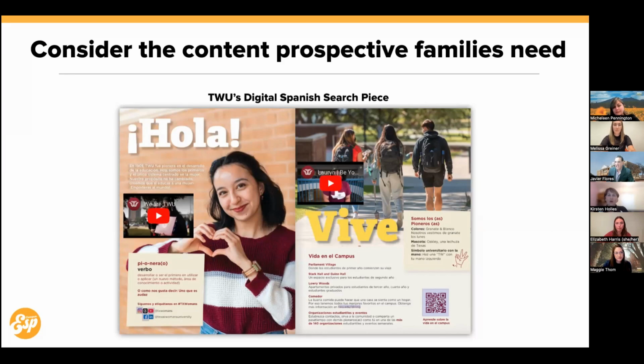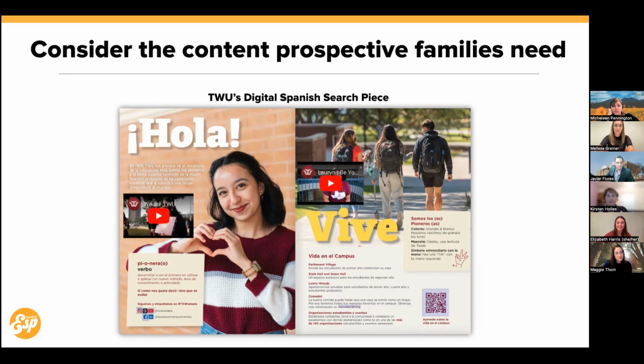And so that is the type of data and information that we can share with our parents early on. So this search piece is really just to let our parents and our students know what academic programs we have, and then what financial support we have, and then also what support services we have.